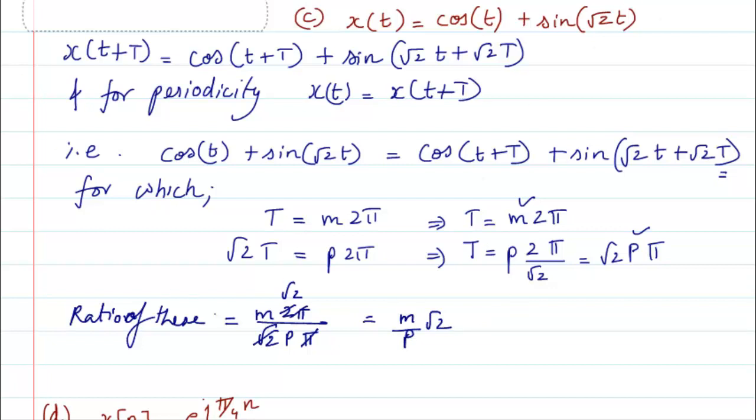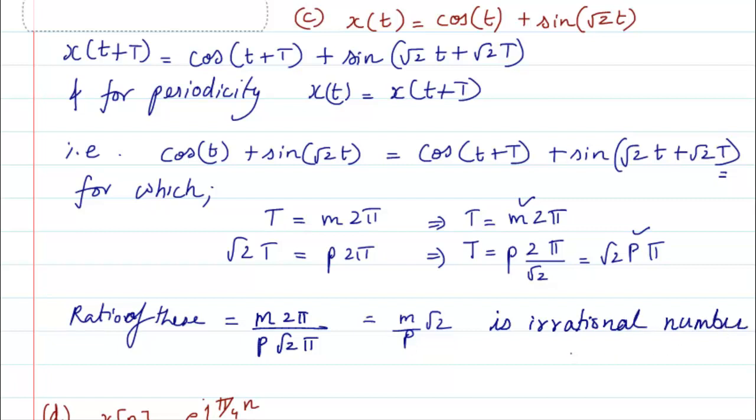So let me again write this as the ratio is m 2 pi divided by p root 2 pi, which basically gives me this, is an irrational number.